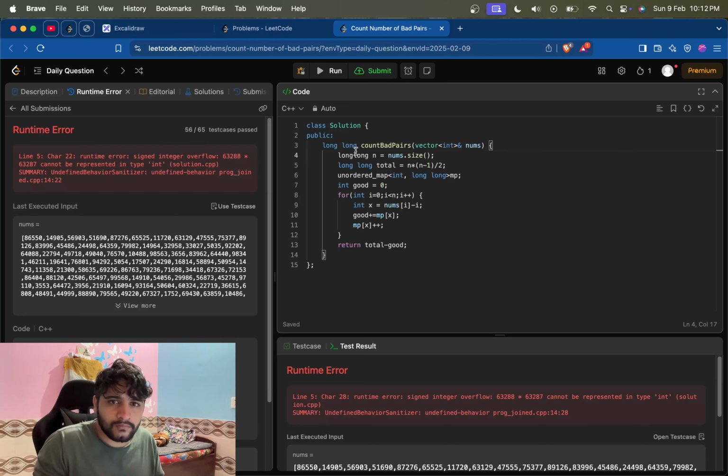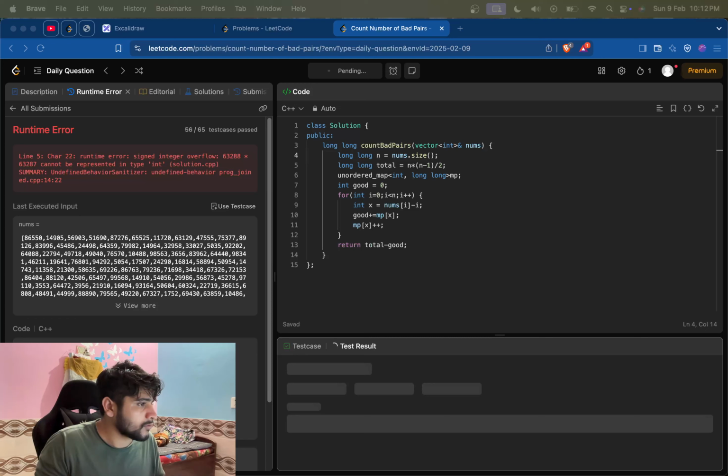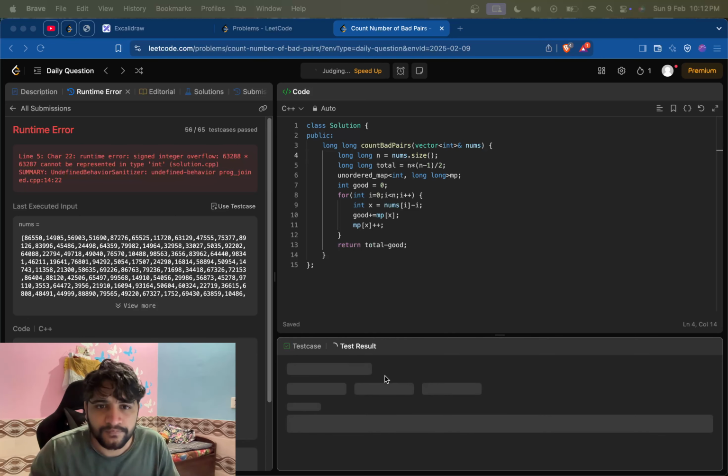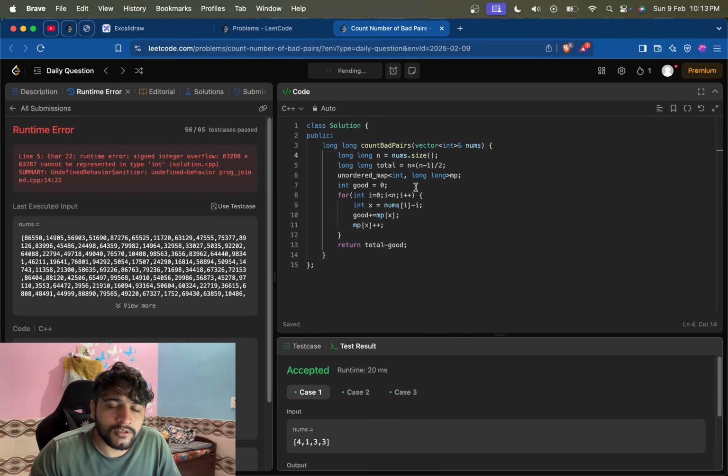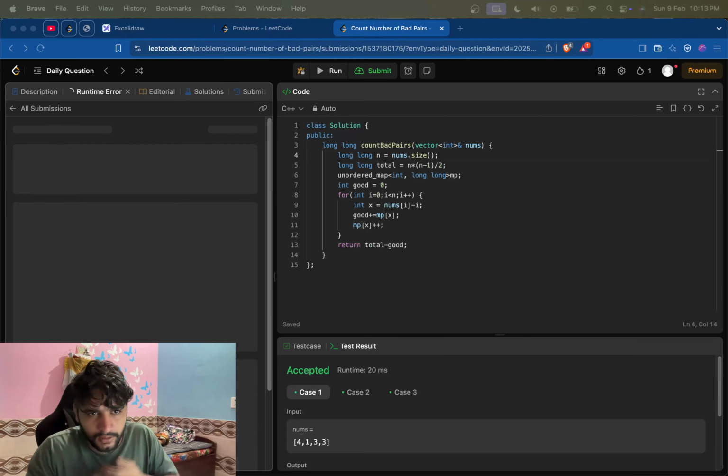Let's just try to do this. Okay, this works fine now. Most probably, not just most probably, it's surely because of that issue.